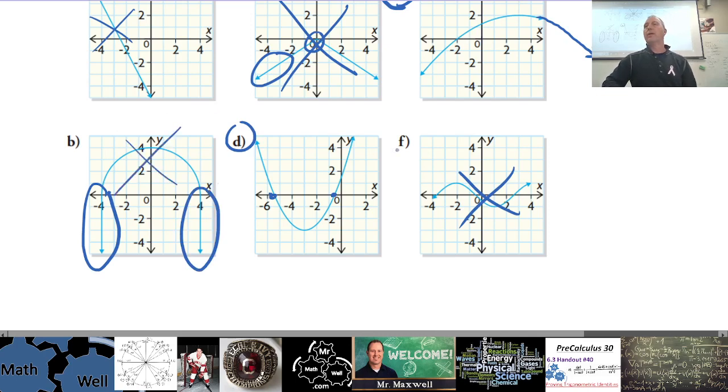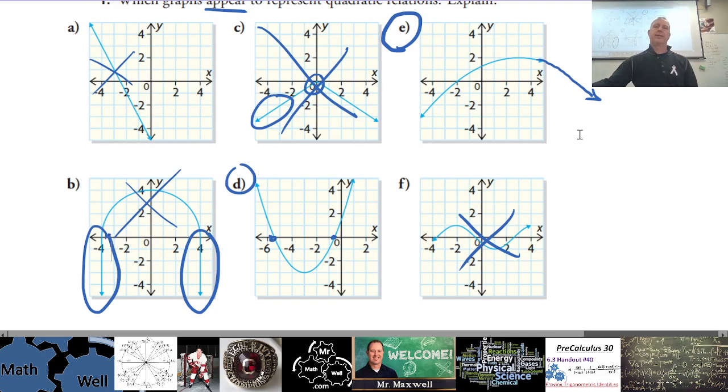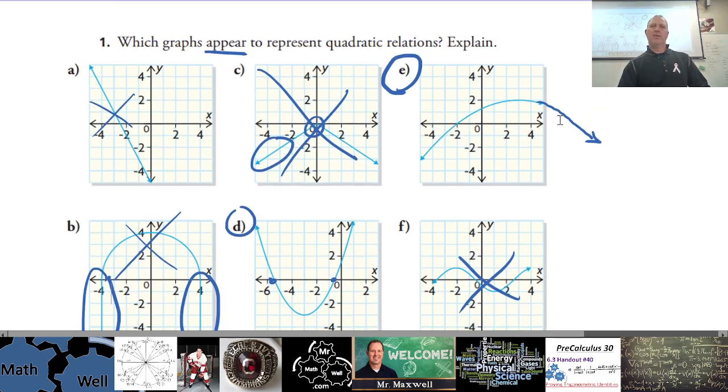I have a question about E. Yeah, go ahead. So, like on our sheet, it said that a negative A value goes downwards, and it's not going to have any x-intercepts. Is that a rule? No, that's just an example.